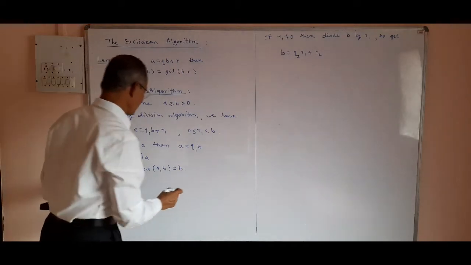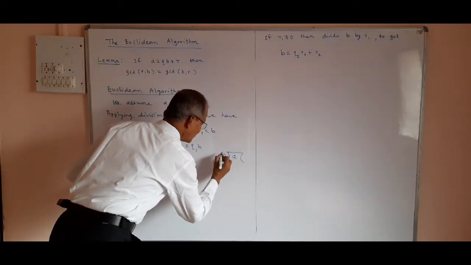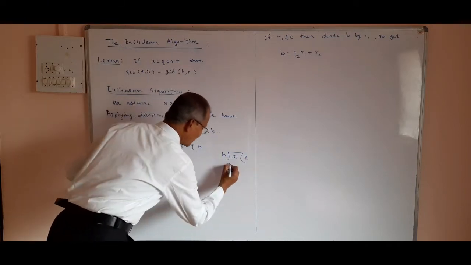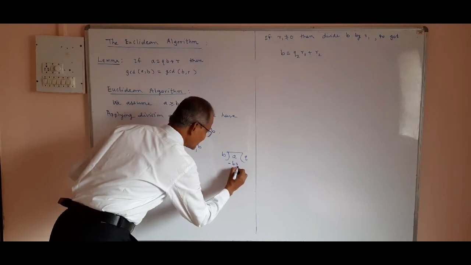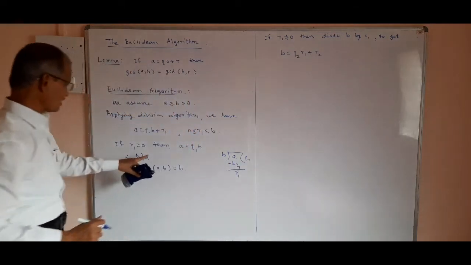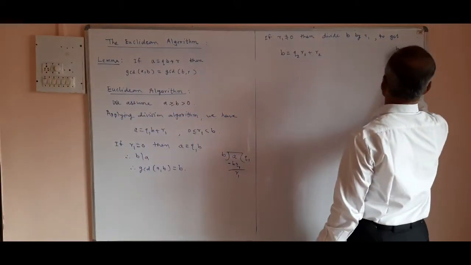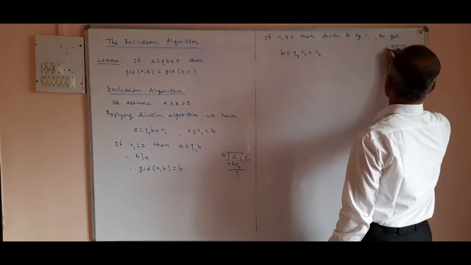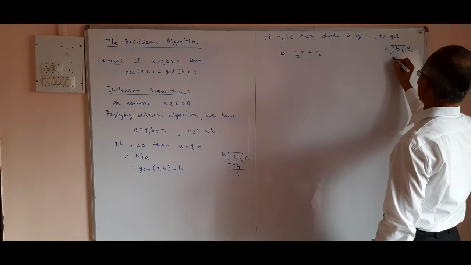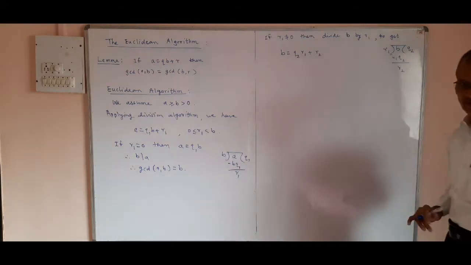Actually here what we have done is we have divided a by b, the quotient is q1 and the remainder is r1. And in this case we have divided b by r1, and the quotient is q2 and the remainder is r2. So that is the second division.